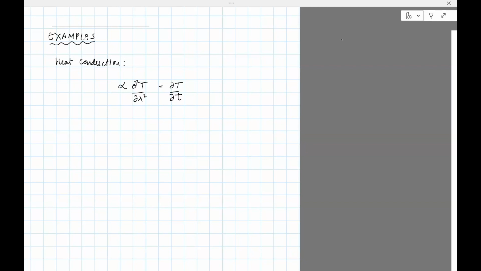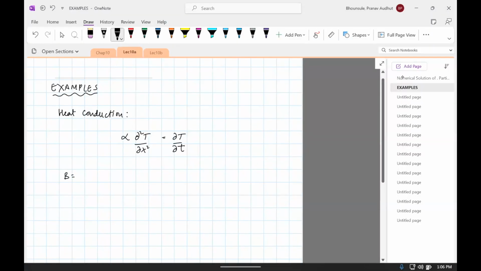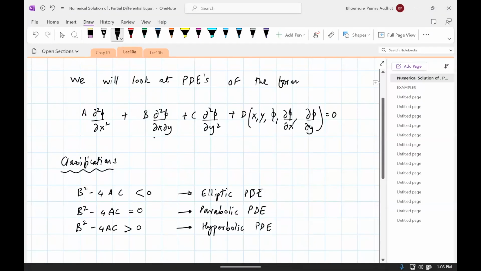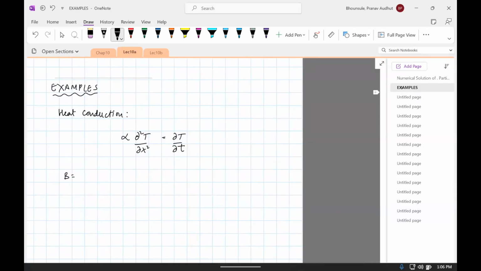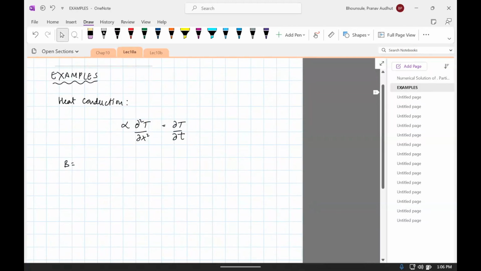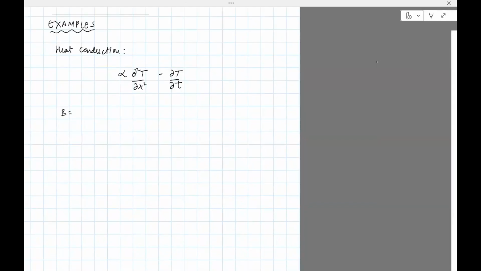So here B is, well, you can look at B is basically the coefficient of dx dy. C and A are the coefficients of the square terms dx square, dy square. So similarly, we can see that here B, which involves dx and in this case the other variable t, that term will be 0.